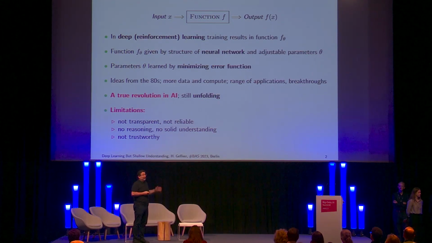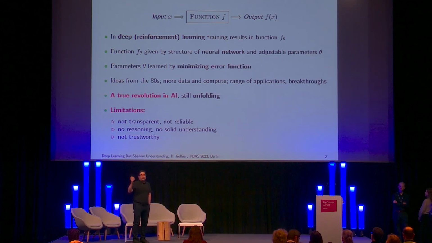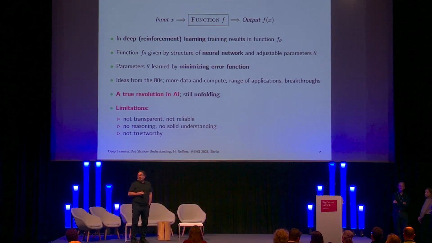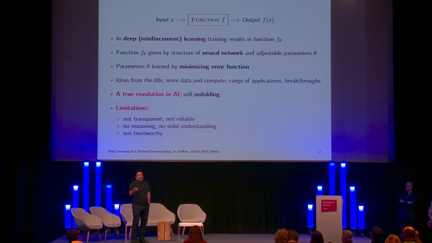So you can map an image into the bounding boxes of the objects. You can map the configuration of the chessboard into a probability distribution over the actions, or the possible moves to do. Or you can have text in the input and generate new text in the output, and so on.